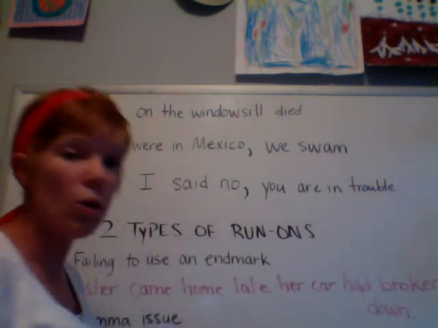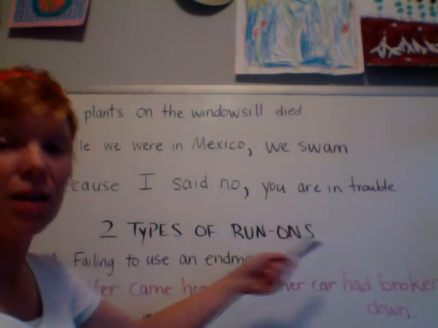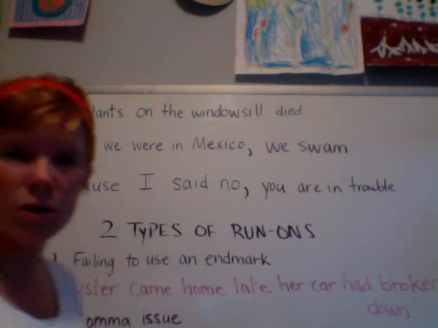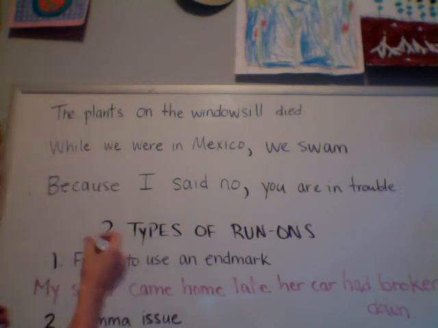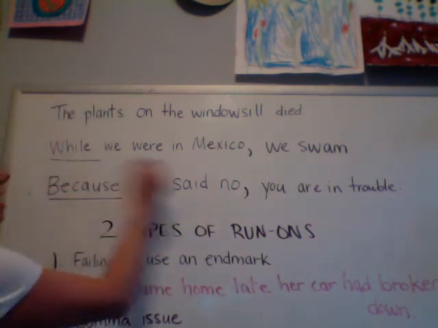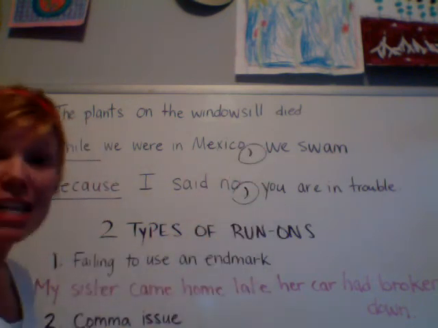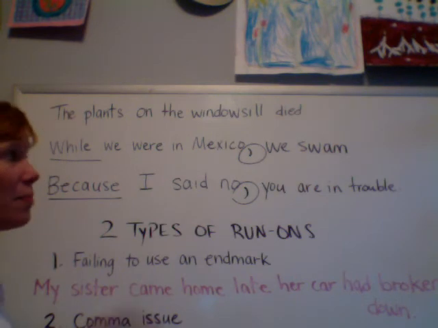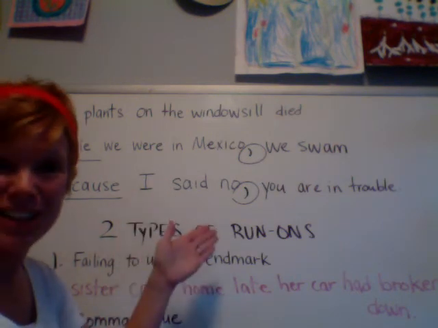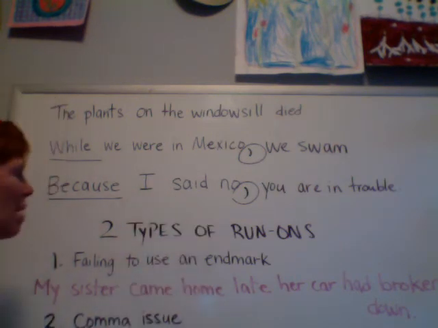Okay? Or you could say, you are in trouble because I said no. Either one works. Just simply a sentence that begins with a subordinating conjunction must be followed after that dependent clause by a comma. We'll be going over this much more in class in the coming weeks.